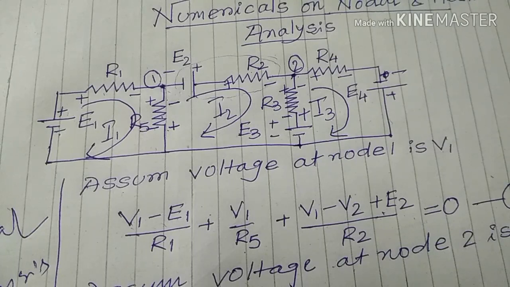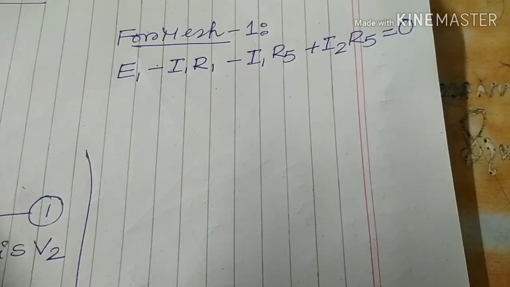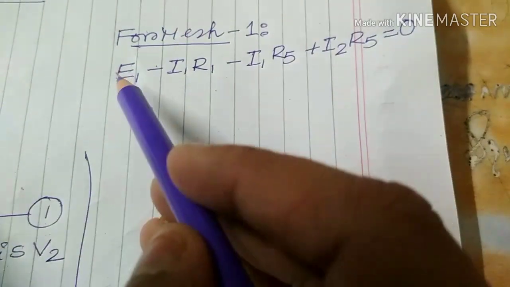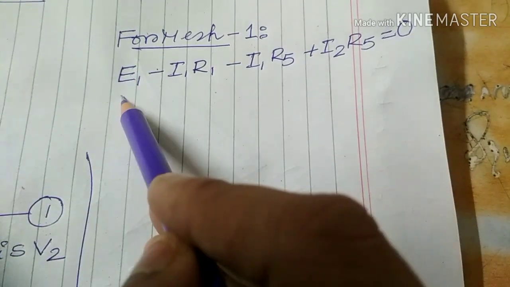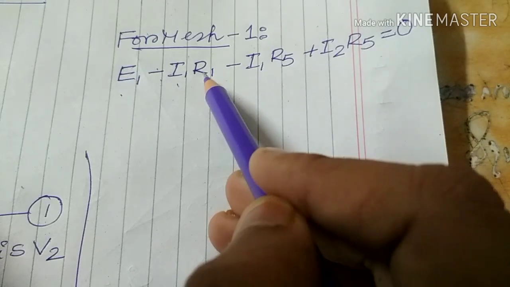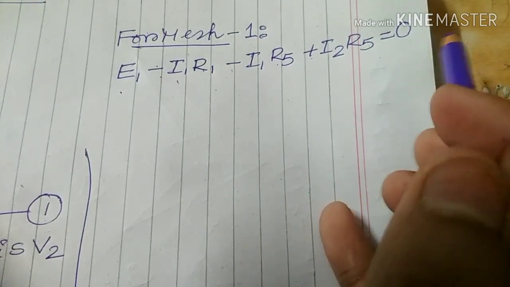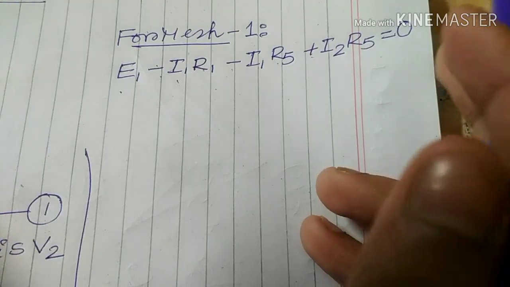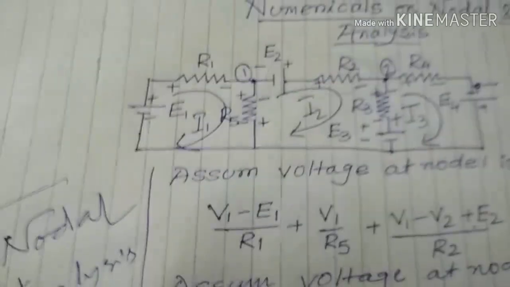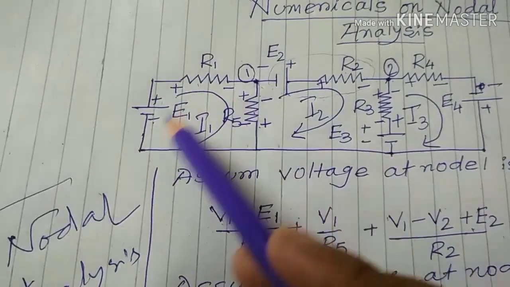Write the equation for mesh 1. For mesh 1, the equation is E1 minus I1 R1 minus I1 R5 plus I2 R5 equals 0. How is it produced? Let's explain. This is for mesh 1.